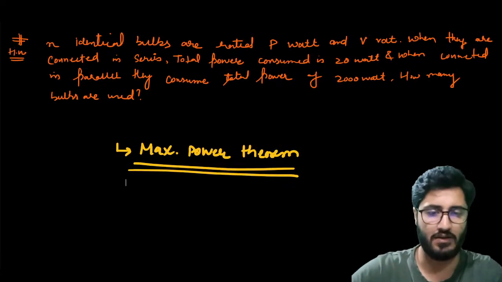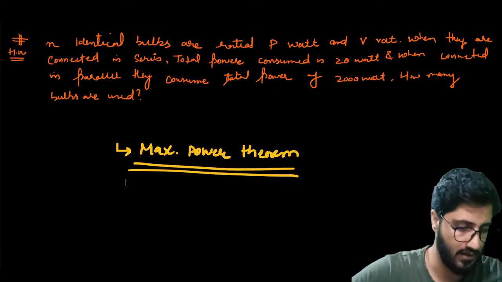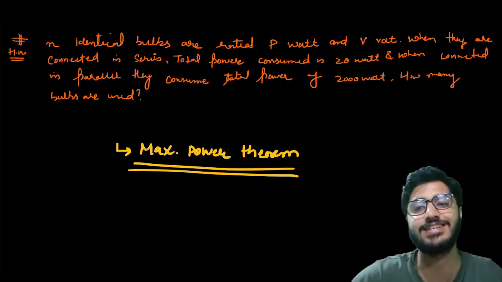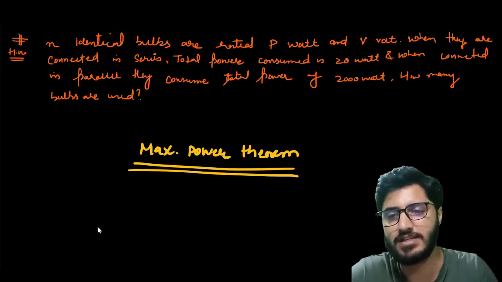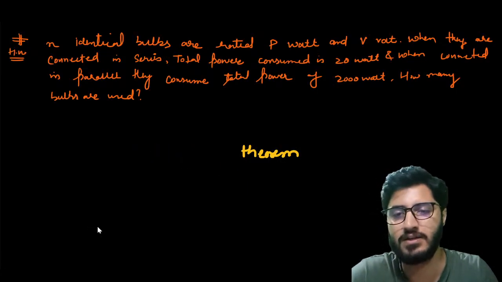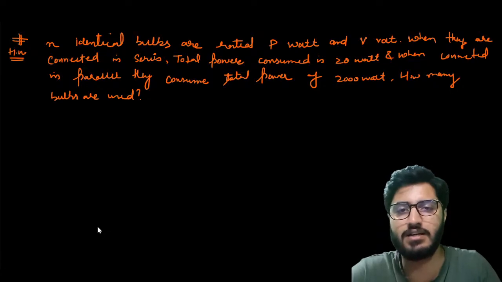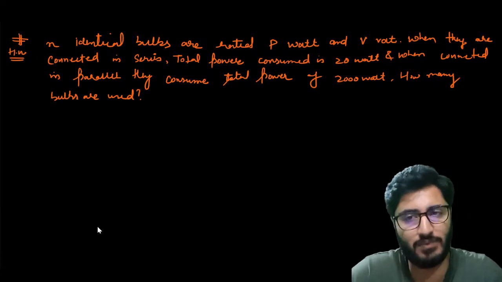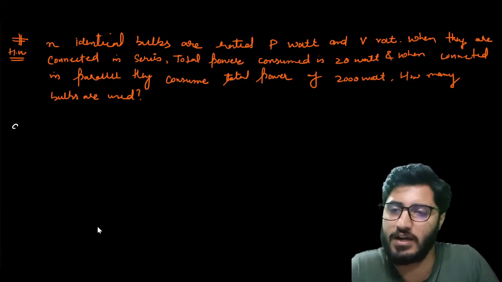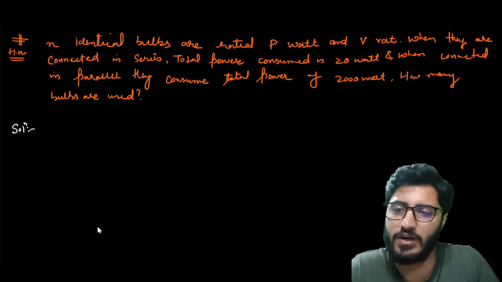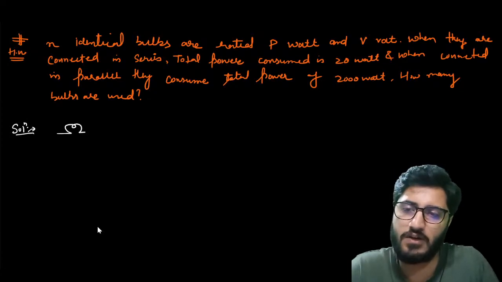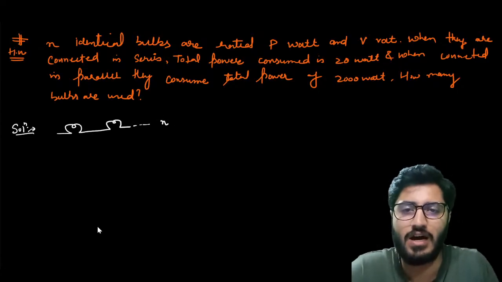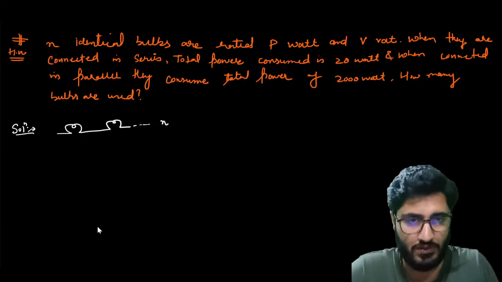As you know, I give you a homework numerical after every class, and at the start of the next class we discuss the numerical. Yesterday I gave you this numerical: n identical bulbs, one bulb, second bulb, and so on, are rated P watt and V volt.